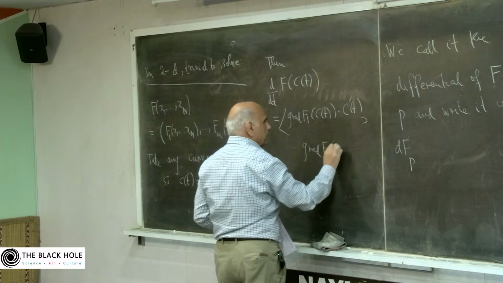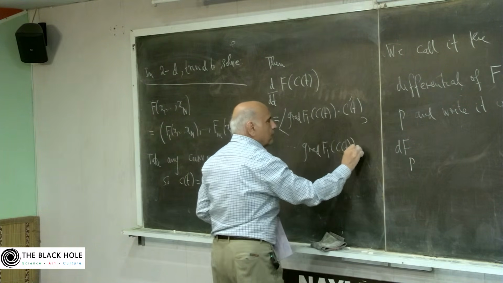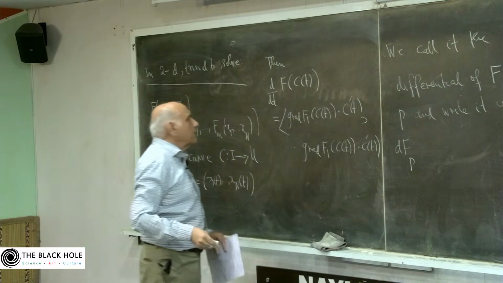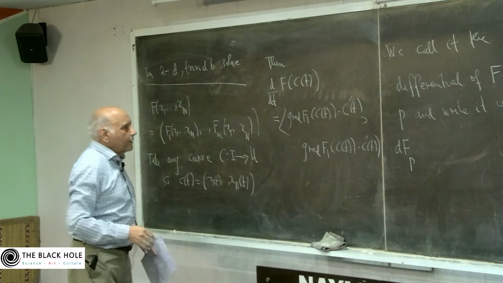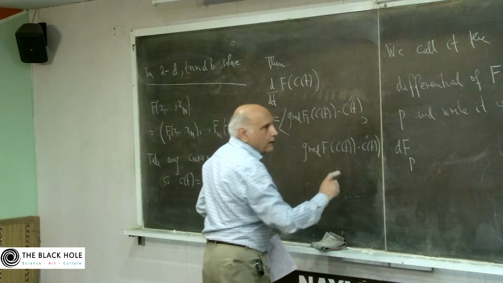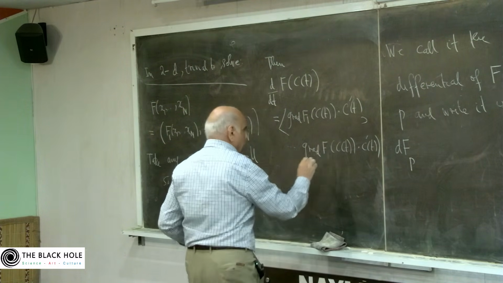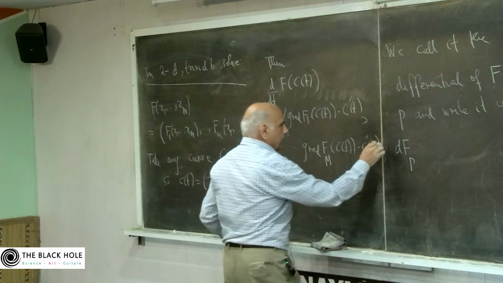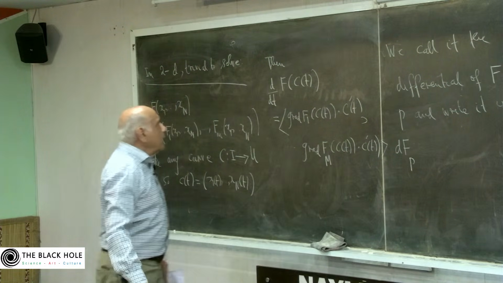Gradient of Fn. Did I denote it by capital N? Yeah. Gradient of Fm at C of t dot C prime t. This is the last component.